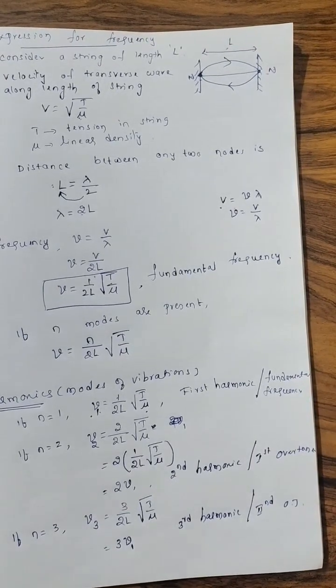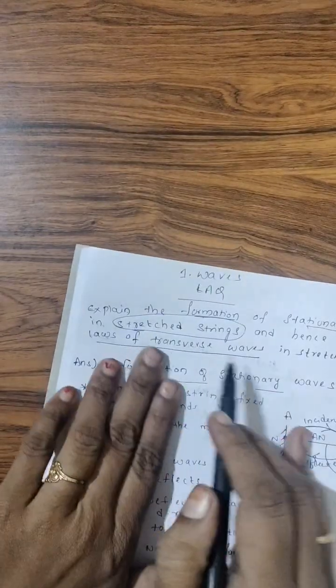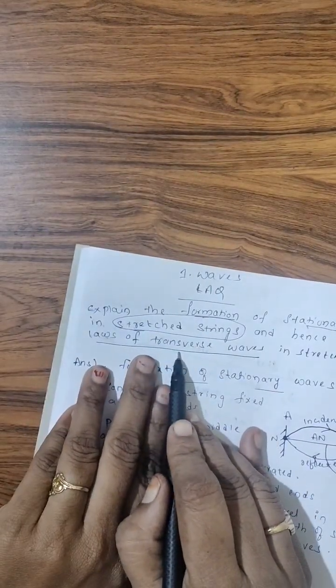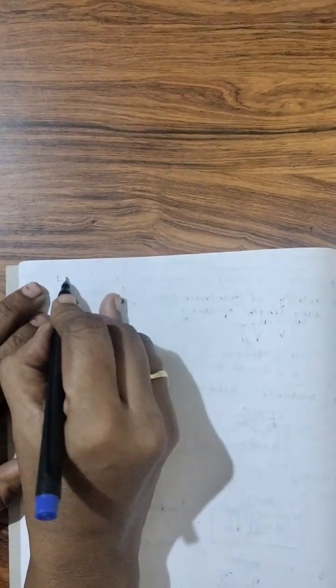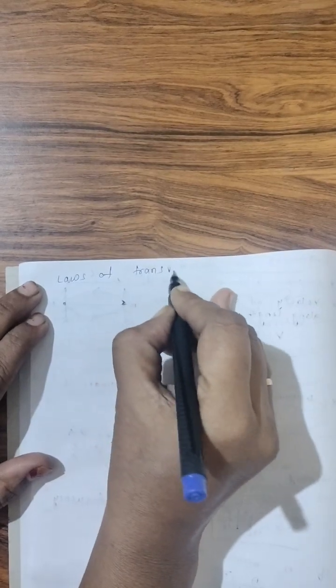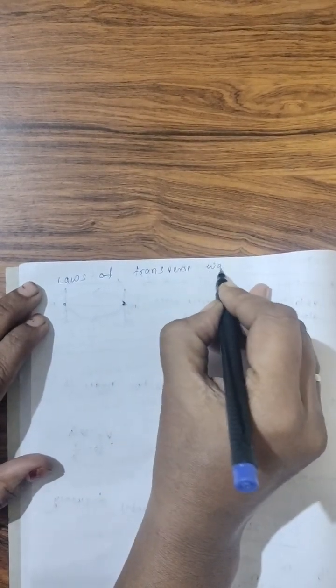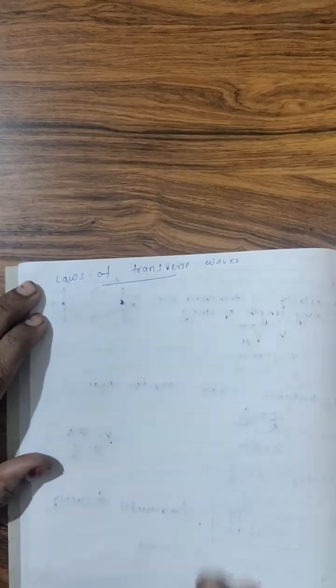Now, what is the second part of the question? He is asking to deduce the laws of transverse waves. Now, let us go for the laws of transverse waves. Simple thing.